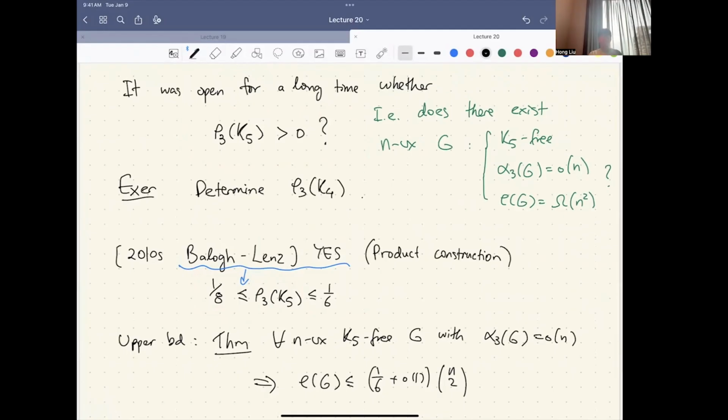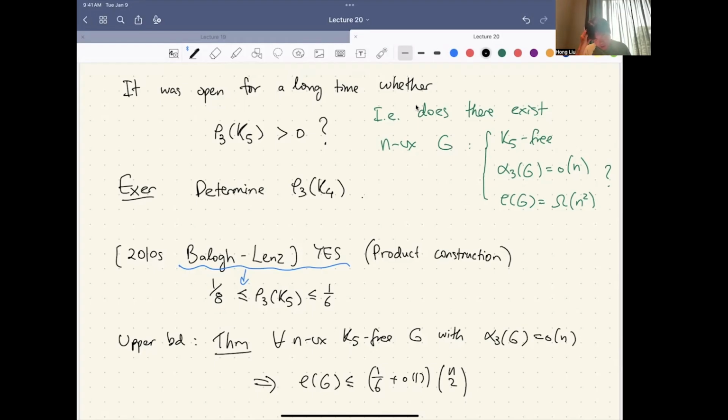The idea is some sort of product construction. Now, this was already hard. It was open for like 30, 40 years.